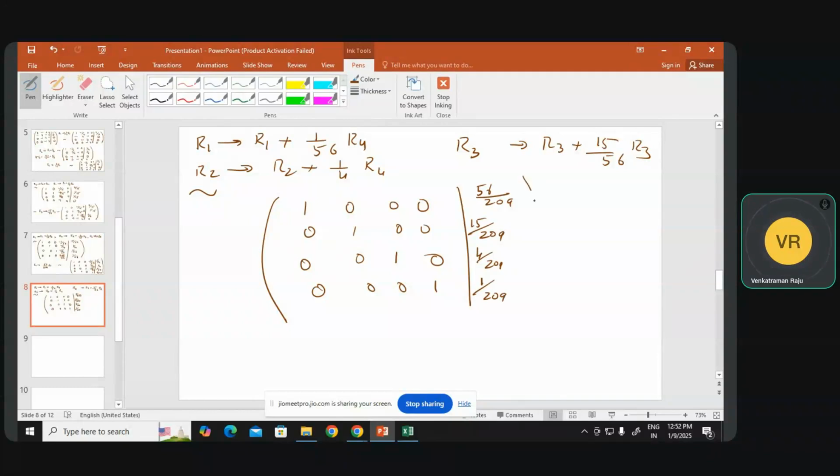So like the previous problem, here also you can verify. We finally are successful in getting identity matrix. So this is exactly the Gauss-Jordan method.